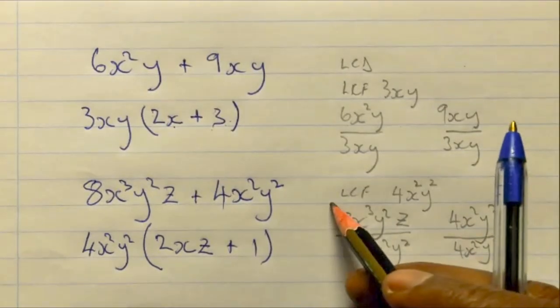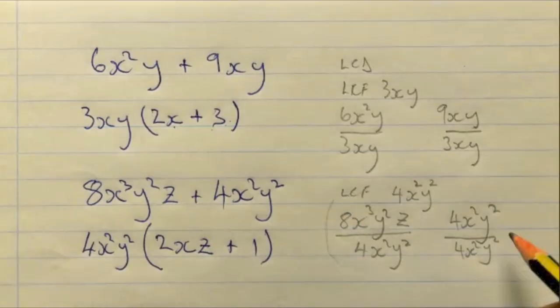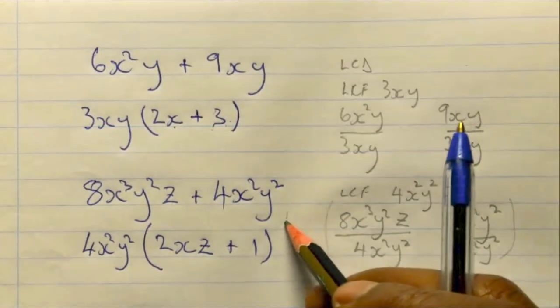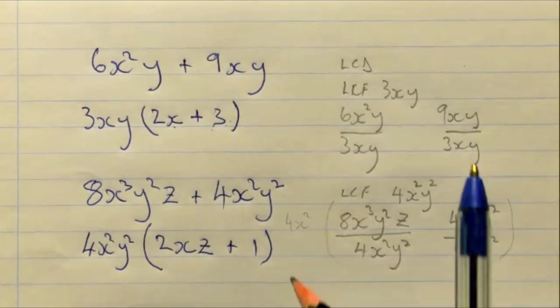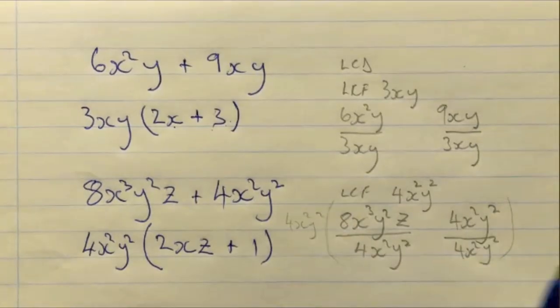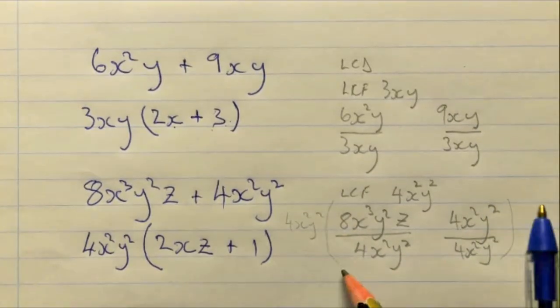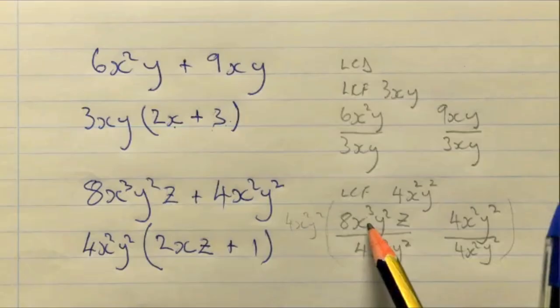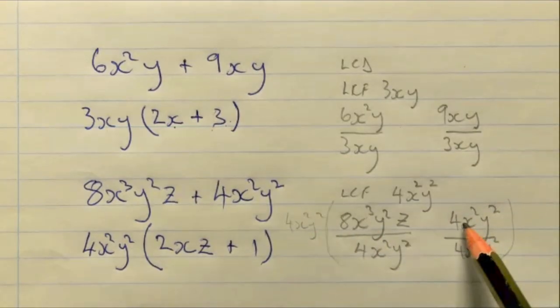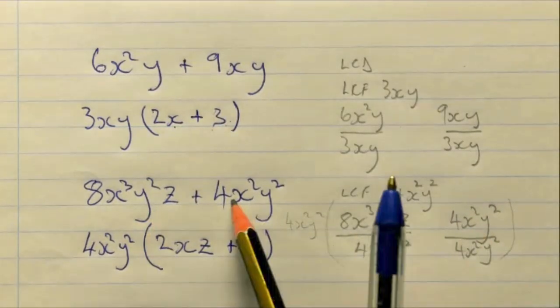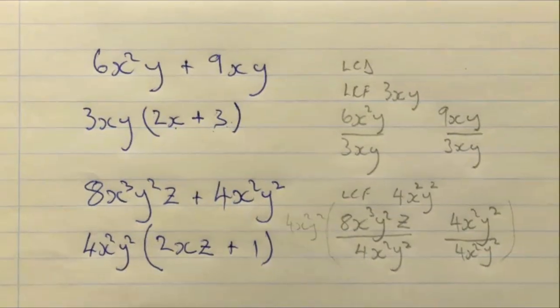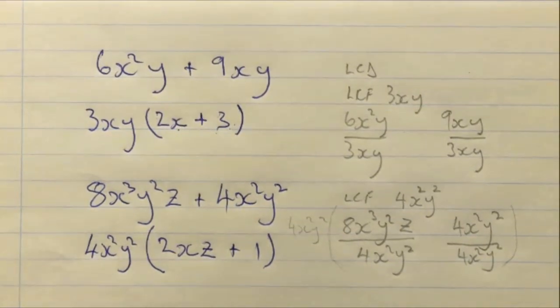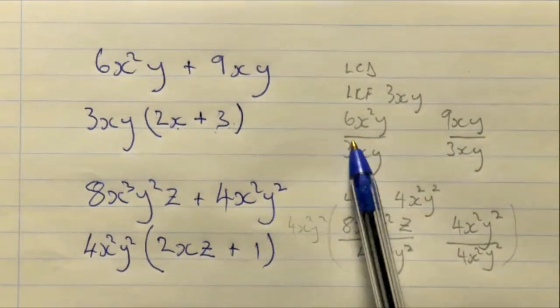So sometimes I say you can do this so that you don't forget the LCF, and then you write it here. What does it do? This LCF cancels this so that you are left with that. This LCF cancels this so that you are left with that, and that's what they were given. Okay, so I show you different ways of thinking about this. But yeah, this one for me, it's easy.